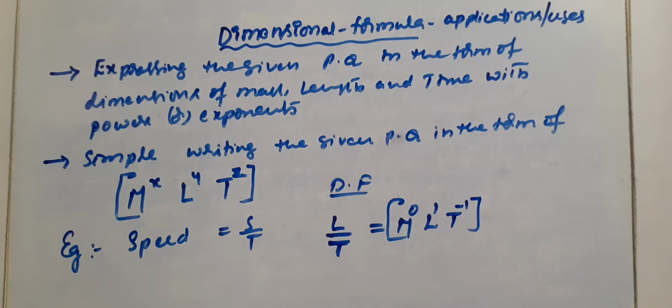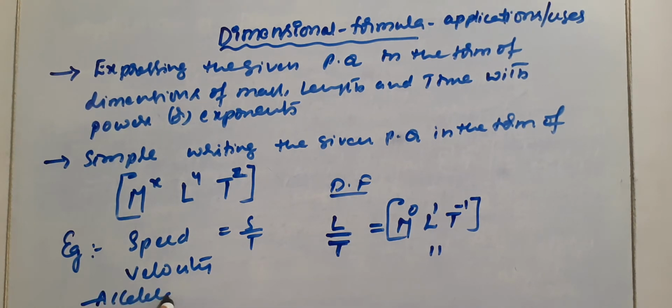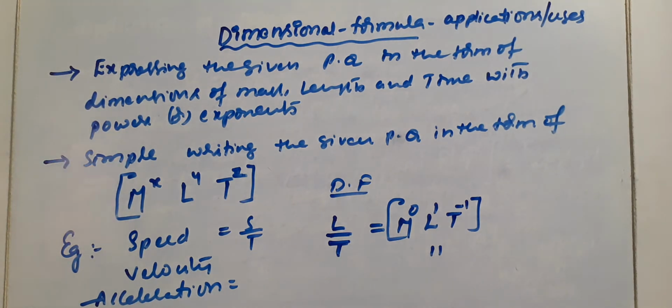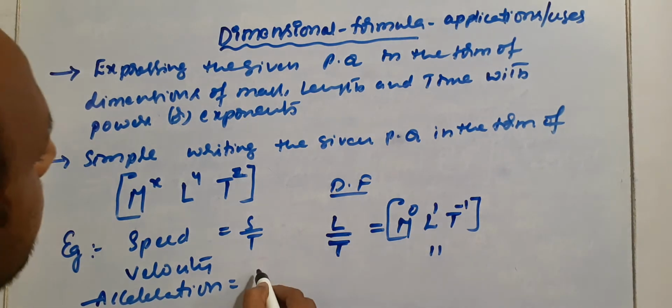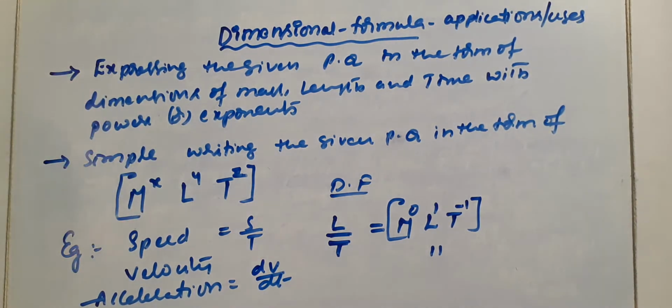Similarly, velocity also has the same dimensional formula, displacement by time. Suppose we are taking acceleration. Acceleration is nothing but the rate of change of velocity, which is given by dv by dt, that is change of velocity by time.